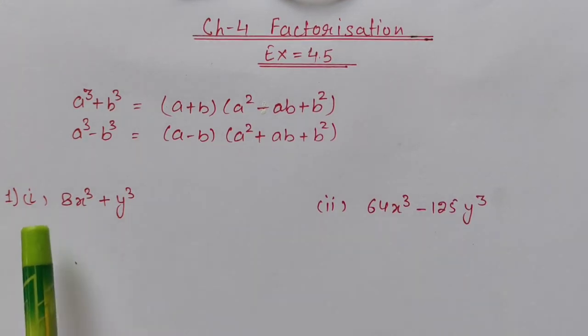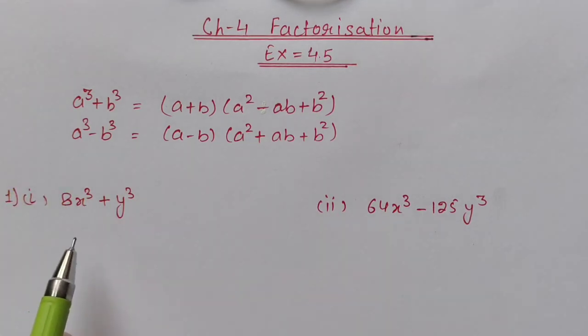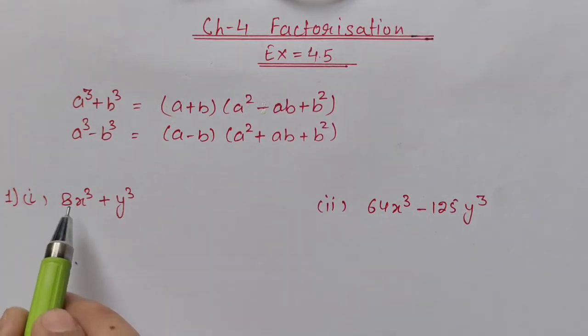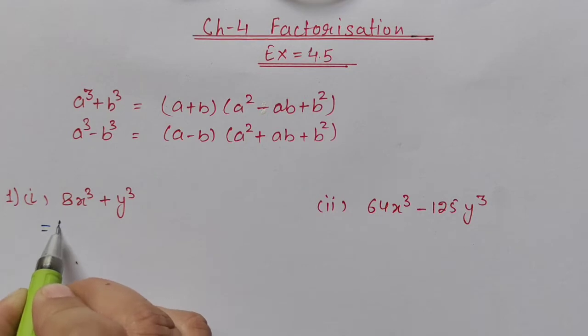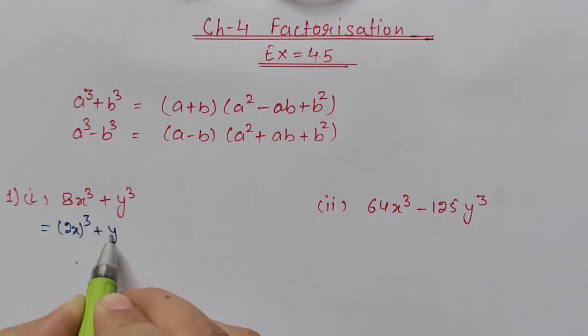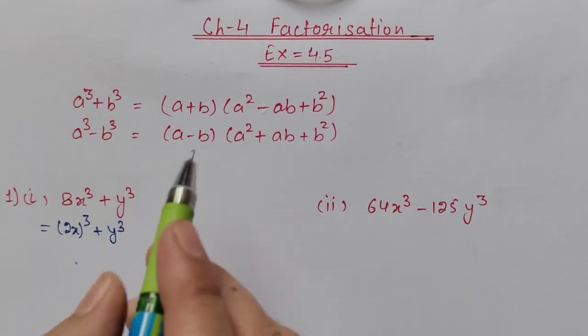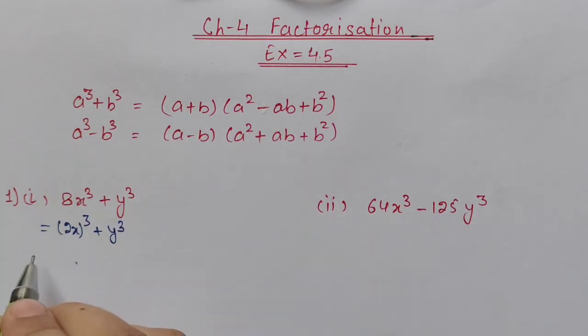We will start the exercise. First question, first part, we have 8x cube plus y cube. First we will change it into the a cube plus b cube form. 8 we can write as 2 cube, and together we will write it as (2x) whole cube plus y cube. Now this 2x is a and y is b. We can apply this side.